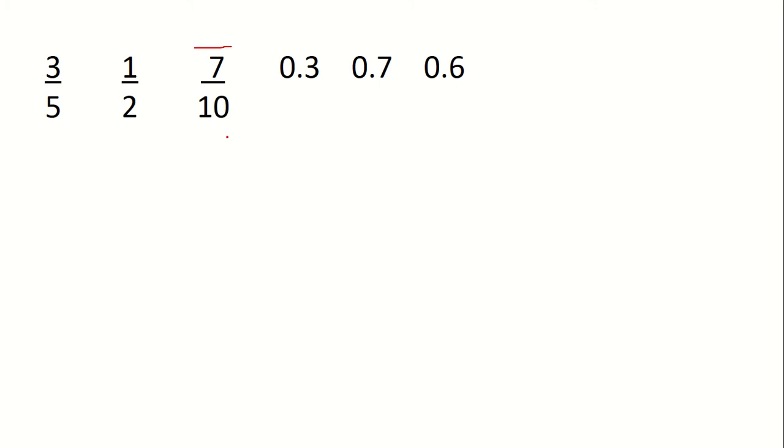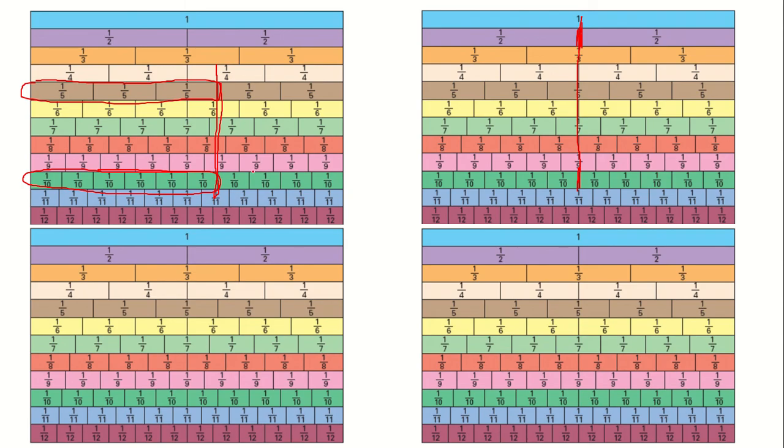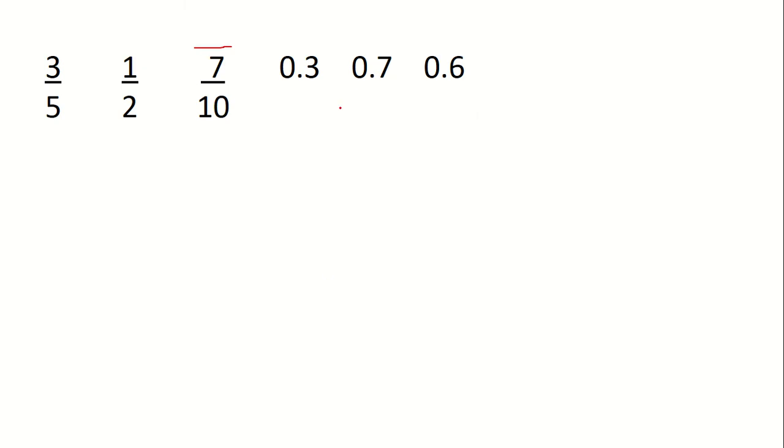Here we have our 7/10. Let's show 7/10. So if we look at 7/10 right here, I'm circling 7/10 now. In this way we are writing it as a fraction, but over here it's written as a decimal.